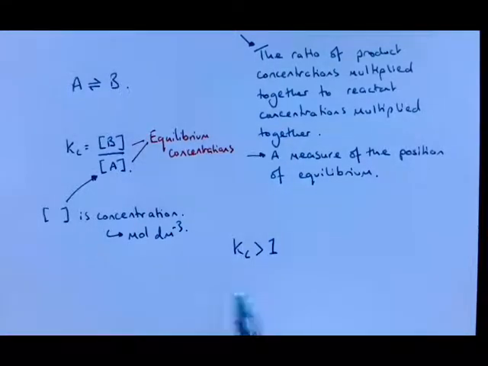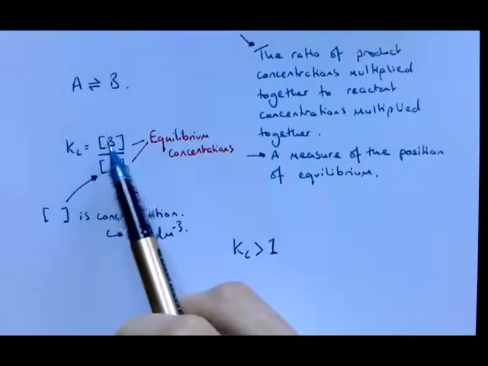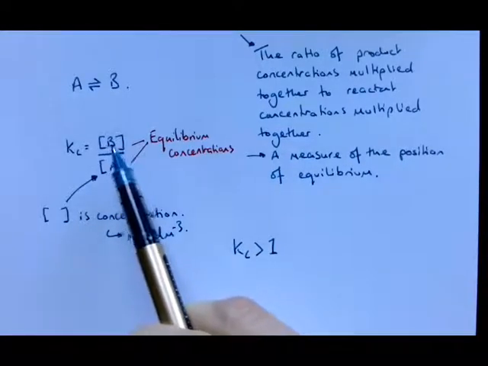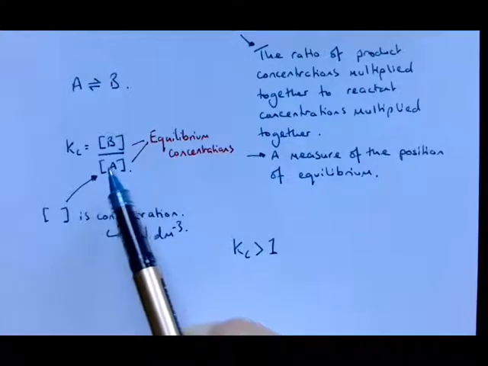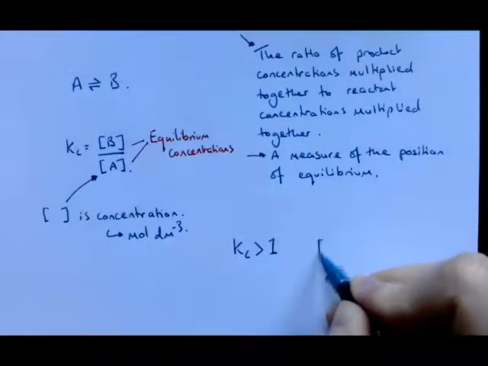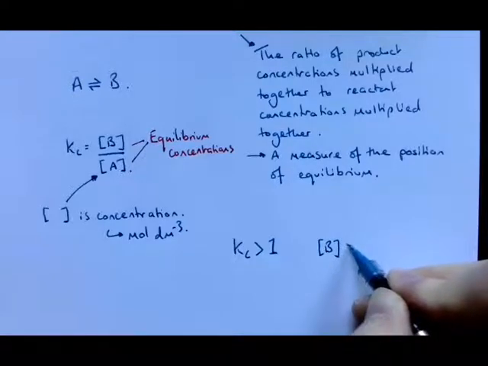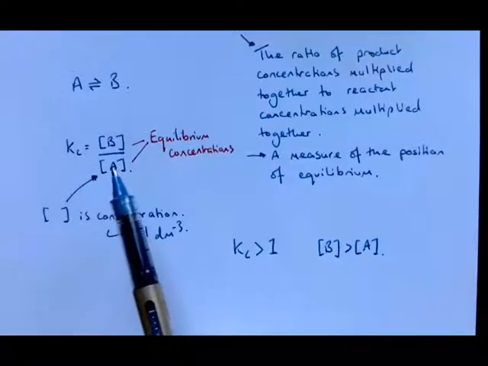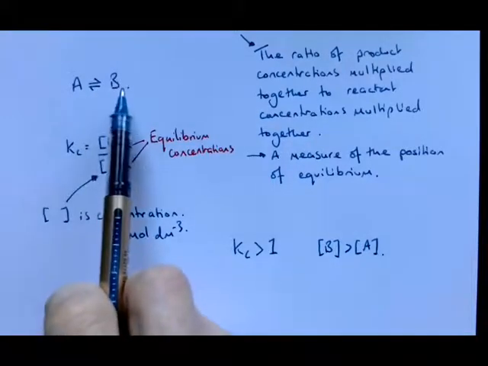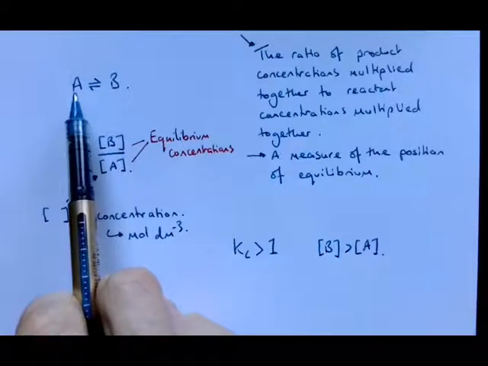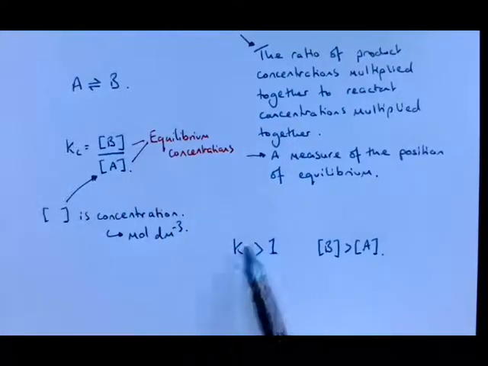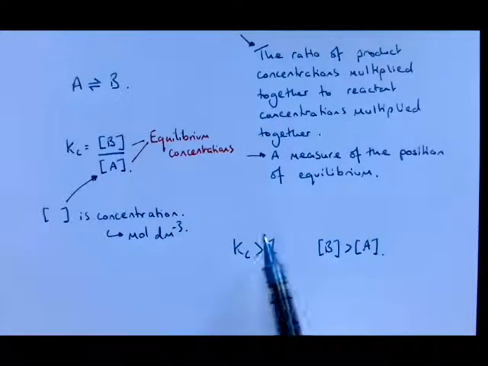Now if Kc is greater than 1, it means that the numerator is larger than the denominator, so the concentration of B is larger than the concentration of A. So you can imagine that we've got this position where the equilibrium position is to the right. So the products are favoured, and that would be denoted by Kc greater than 1.